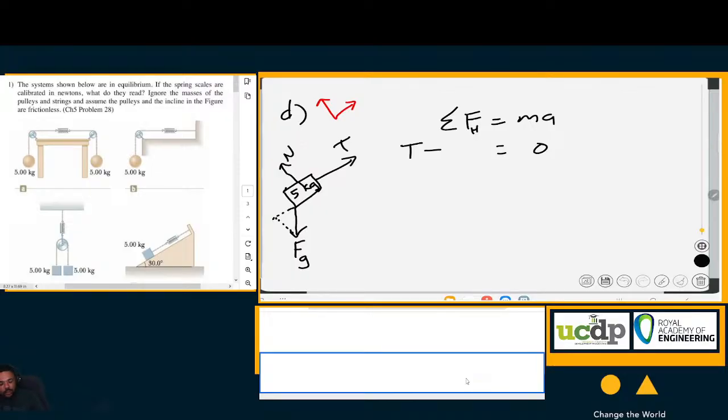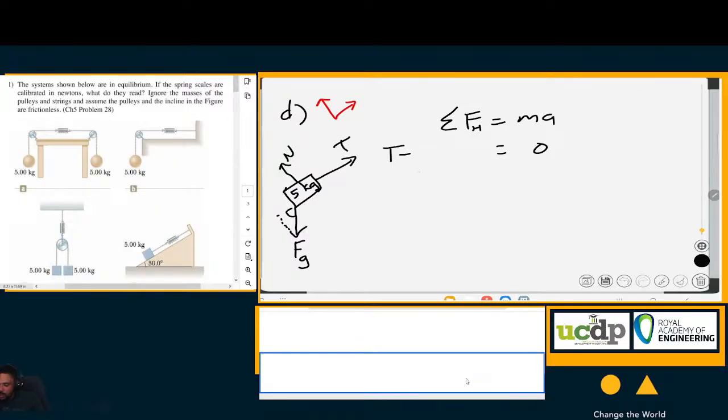What other force is in the horizontal? It is the horizontal component of the weight. So it will be the tension minus that horizontal component.